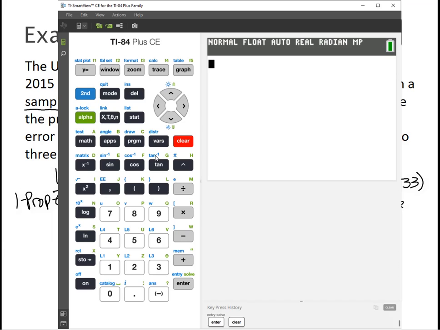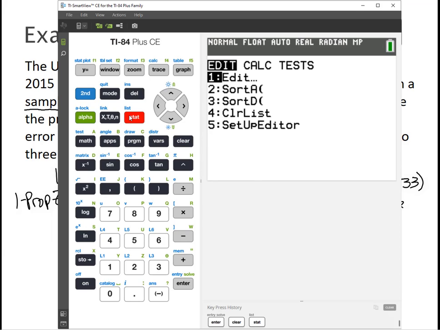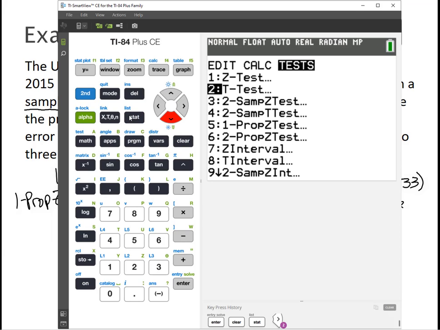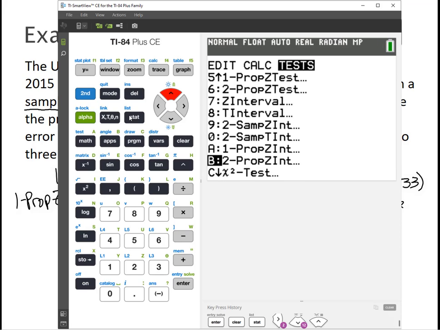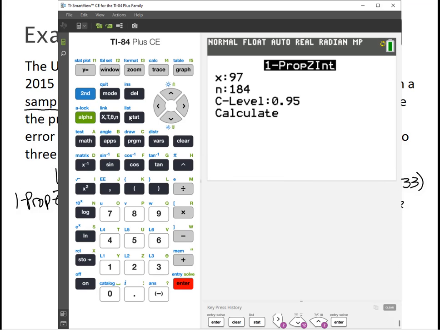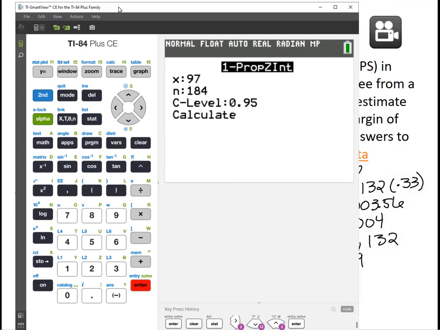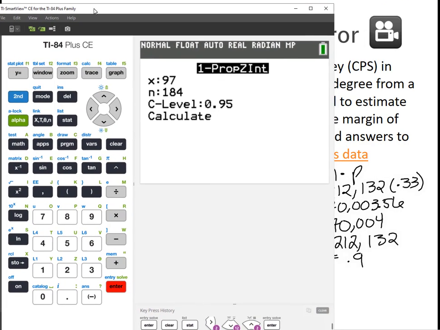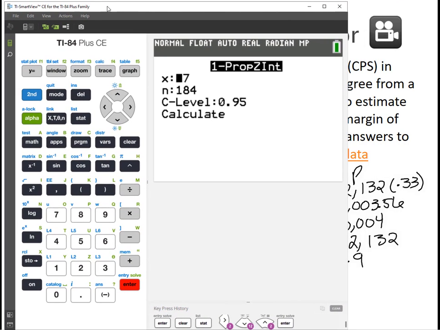So I'm going to go to Stat, to the right to test, and then I go all the way down to option A. I have some information from the previous problem still in here. That's okay, I just have to change that up. So my X, I said, was 70,004.